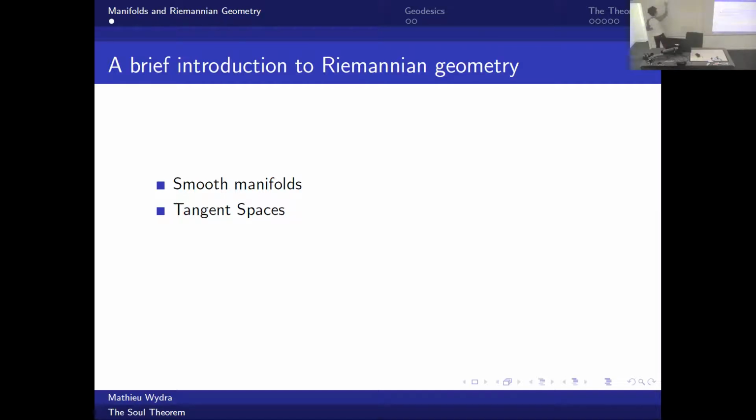We just take the curve, tangent vector, new curve, tangent vector. And the space of all these tangent vectors around that point, I'm not going to make the proof here, but around that point forms a vector space. So at each point on the smooth manifold, there is a vector space formed from tangent vectors, which are, if you can think about it, parallel to the surface at that point.